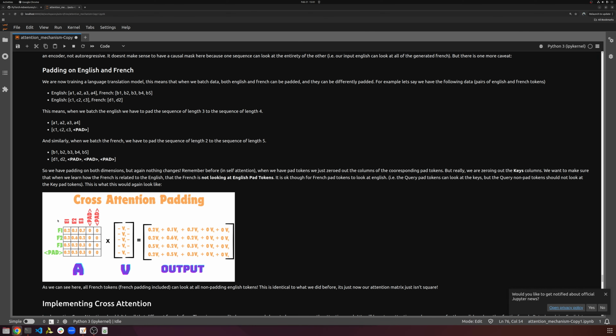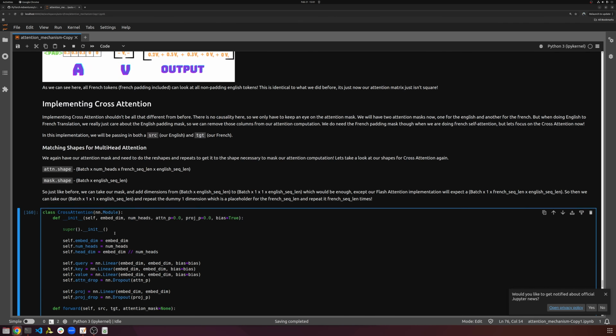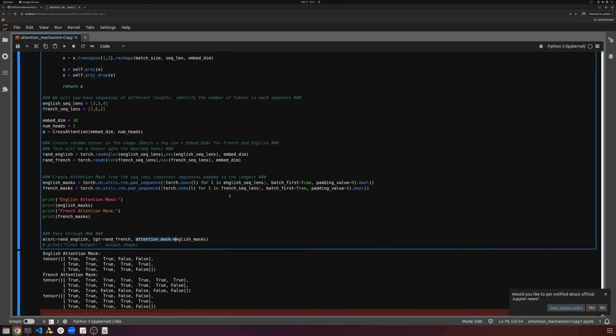Or in our case, the source. We want to mask out the columns of the source that are indicated as something we don't want to compute attention on, which means our attention mask is just the English mask, right? We actually don't need the French mask in this case. We'll talk about that when I give the high-level picture in just a bit, but for now we just need the English mask.